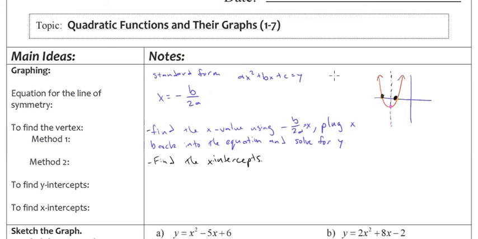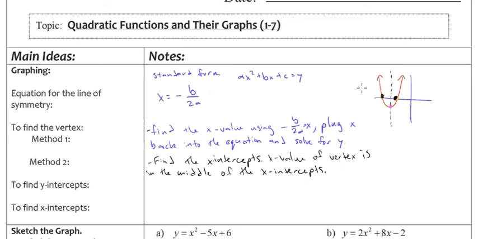So the x value of the vertex is in the middle of those x-intercepts, or of those roots, of those solutions.